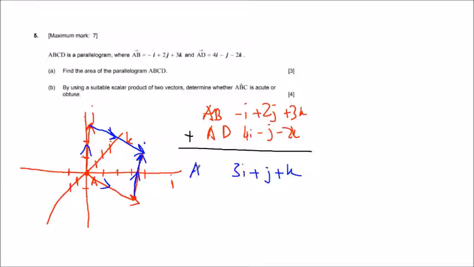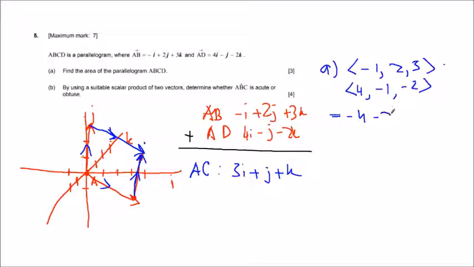And what we have to do is find the area of the parallelogram. How do we find the area of a parallelogram? Well, all you have to do is the dot product, right? So that will give you minus 1, 2, 3 dot product with 4, minus 1, minus 2, which gives you minus 4 minus 2 minus 6, which will give you minus 12.